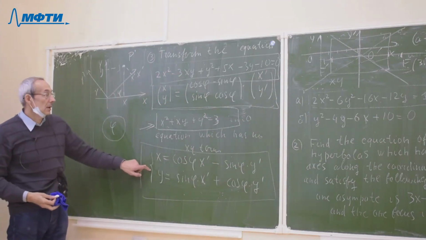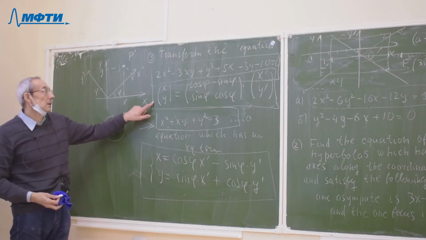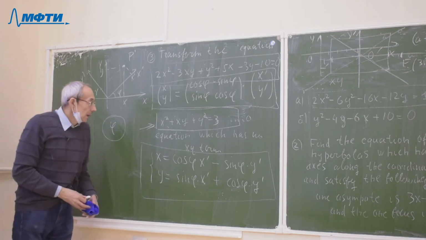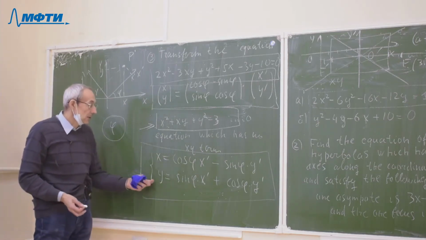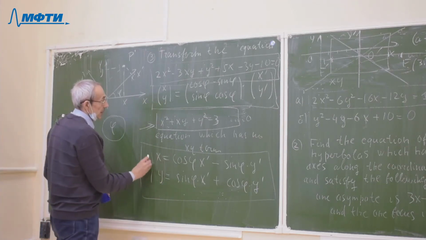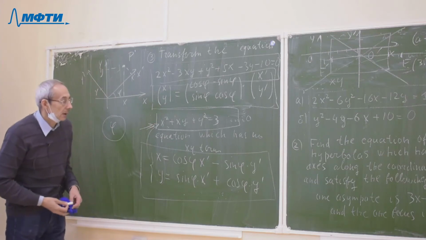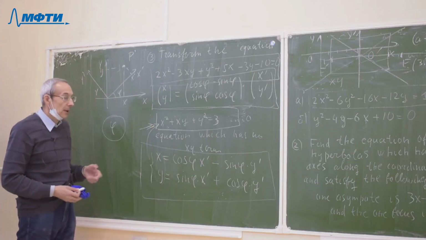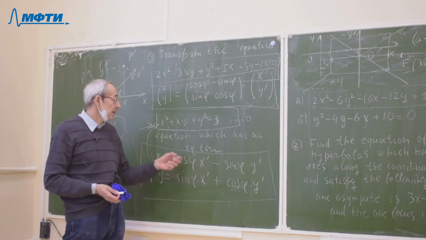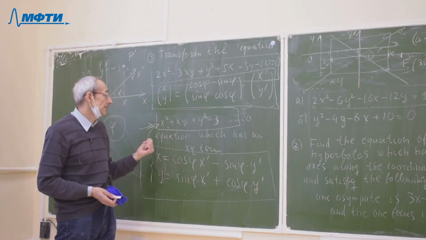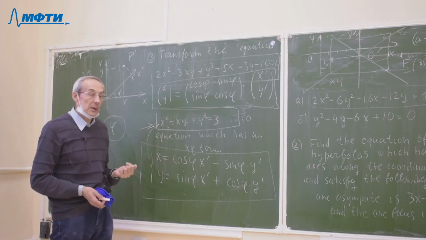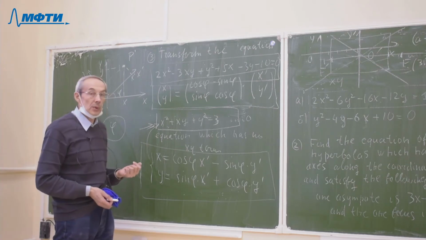This is exactly the same formula, but in the matrix formalism. And how do we use this formula? We can substitute this expression in this formula, and our aim is to obtain the condition on the angle phi such that the xy term in the new coordinate system will be zero.